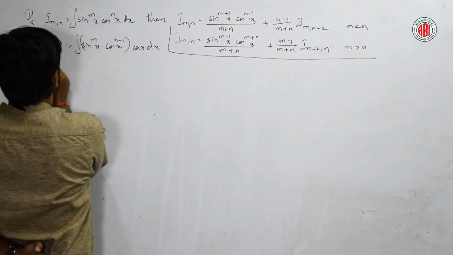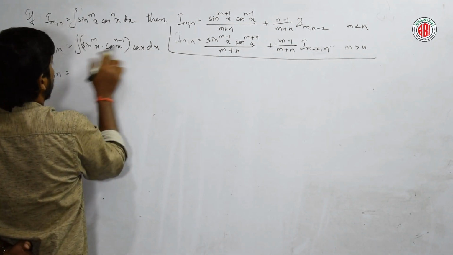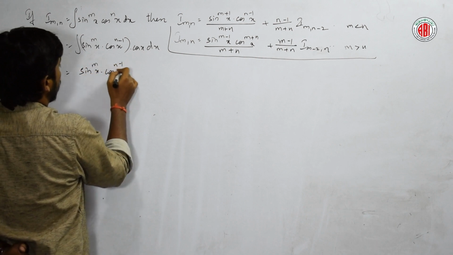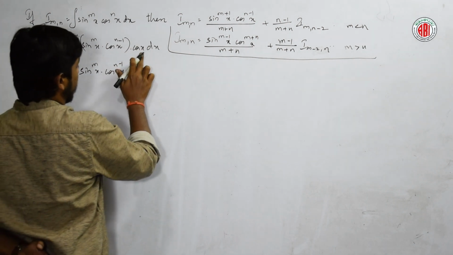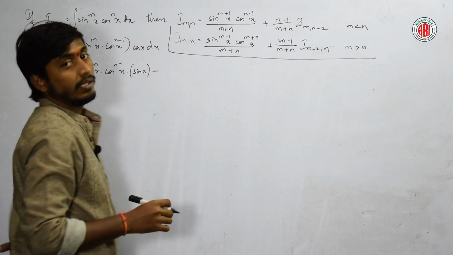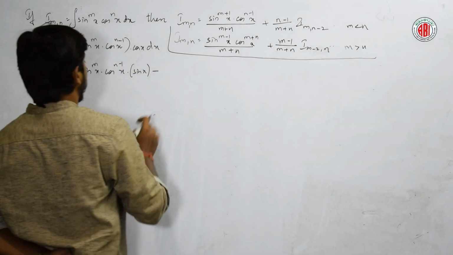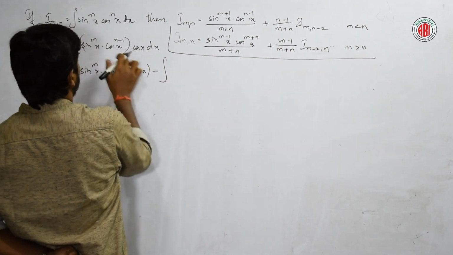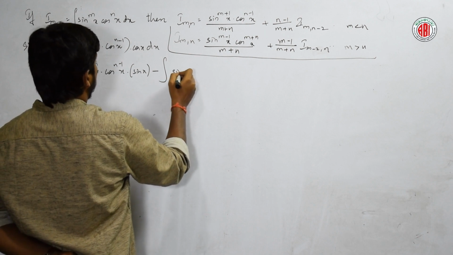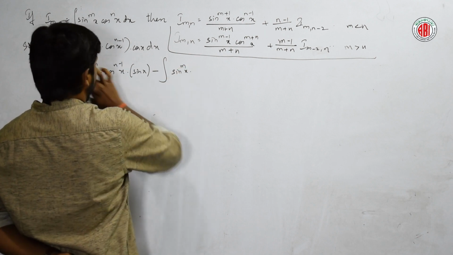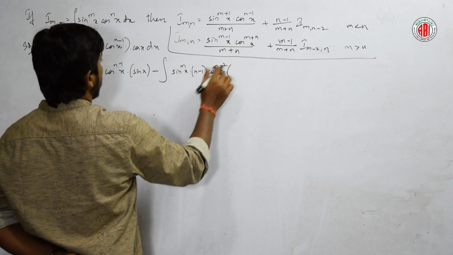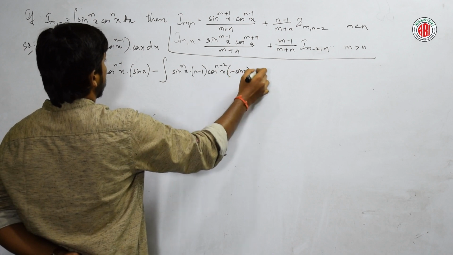This is u and this is v. Now u into v dx is integration, that is sin x. Is it okay? u into integral v dx minus integral of the differentiation of u into integral of v. So, let me write u dash. First, sine we put as it is: (n-1) cos^(n-2) x into the differentiation of cos, which is minus sin x.